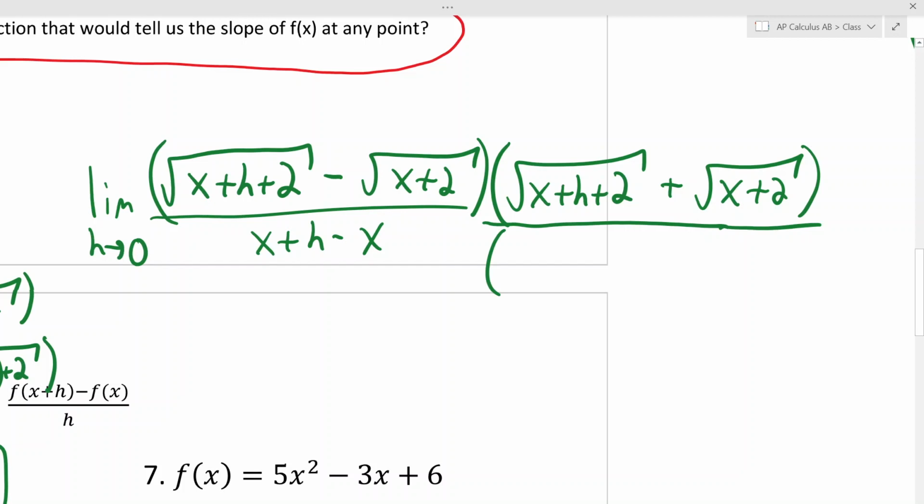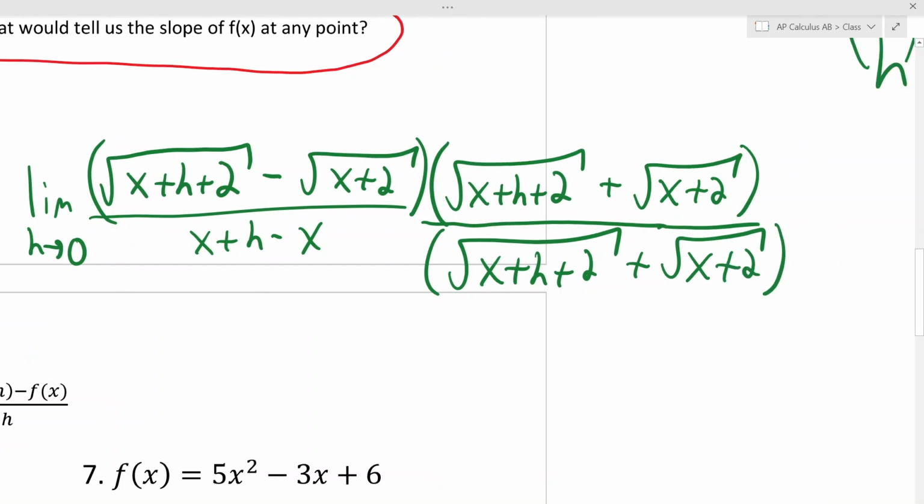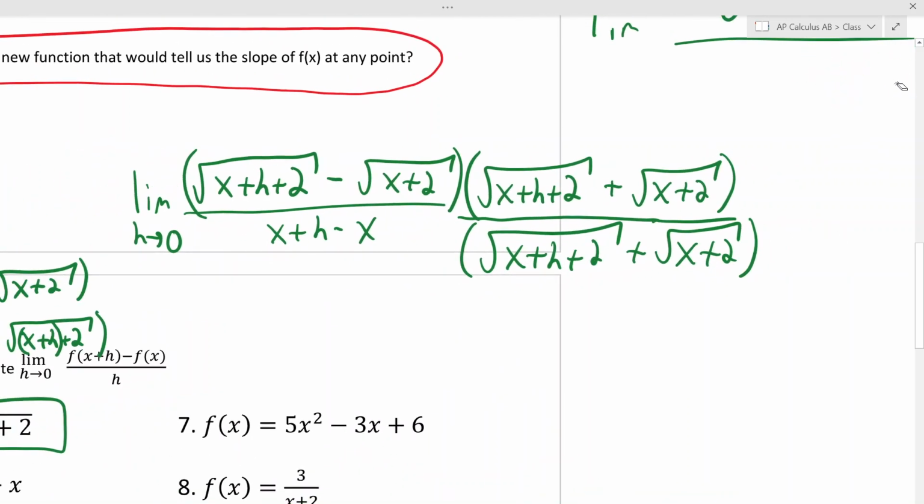Okay, here we go. Root x plus h plus 2. We've got to multiply it in the numerator and the denominator. And that looks like a mess, but everybody knows what happens when you multiply conjugates. I'm going to write it right down here. It squares the first thing, so that just becomes x plus h plus 2, minus it squares the second thing.